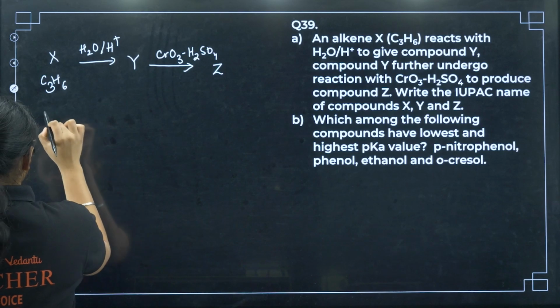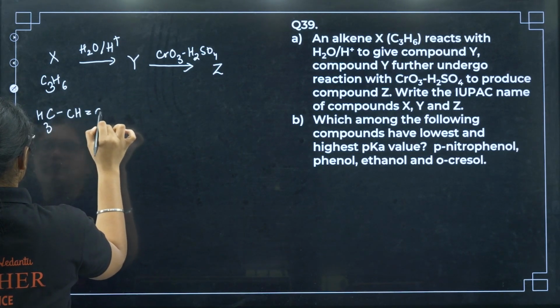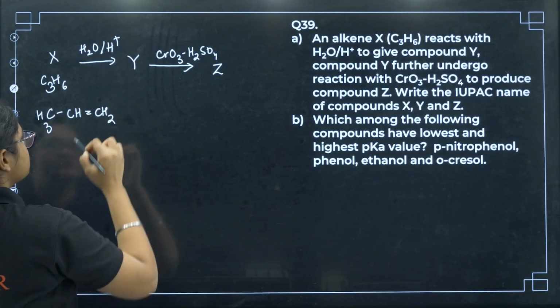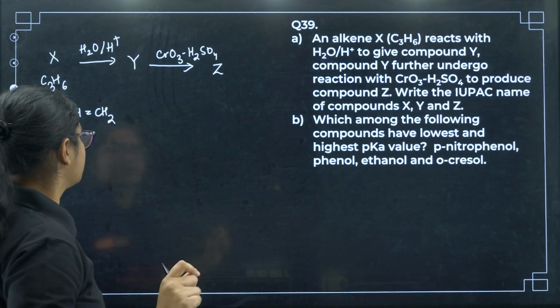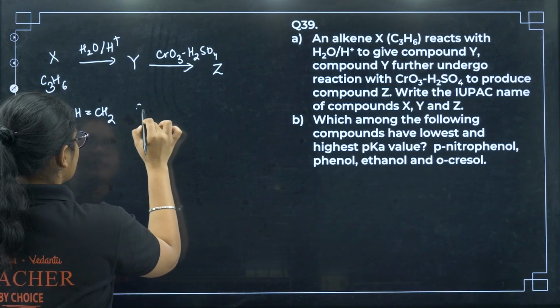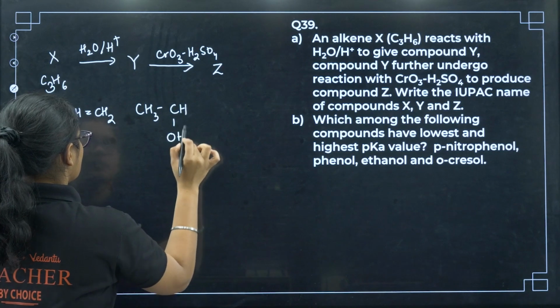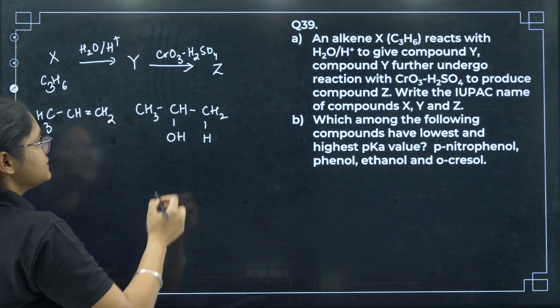So C3H6: I have CH3, CH double bond CH2. This is your X. If you treat it with H2O H plus, that is addition of water following Markovnikov's rule. OH will be added here. So I will get CH3, CH, OH, CH3. Next what happens?